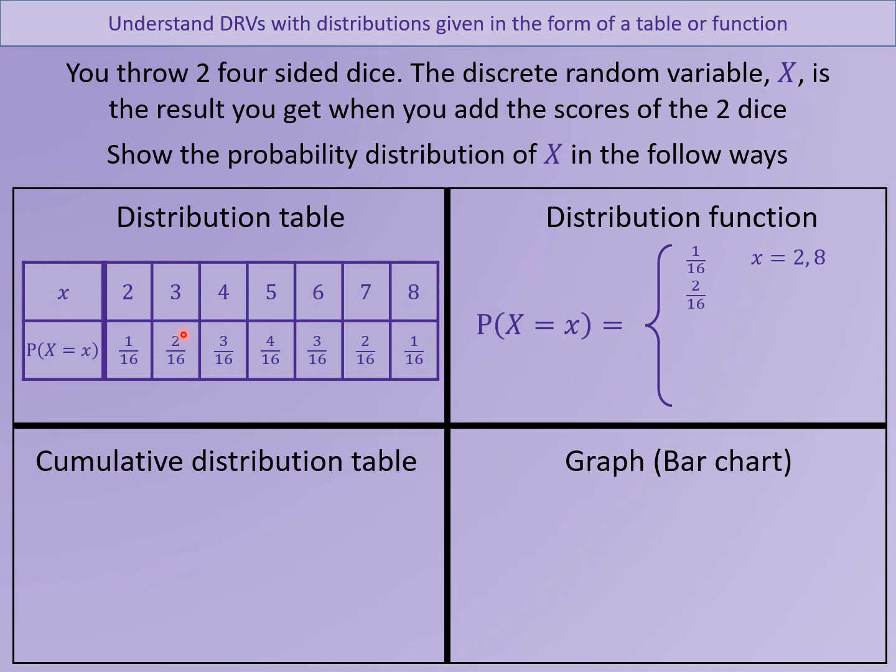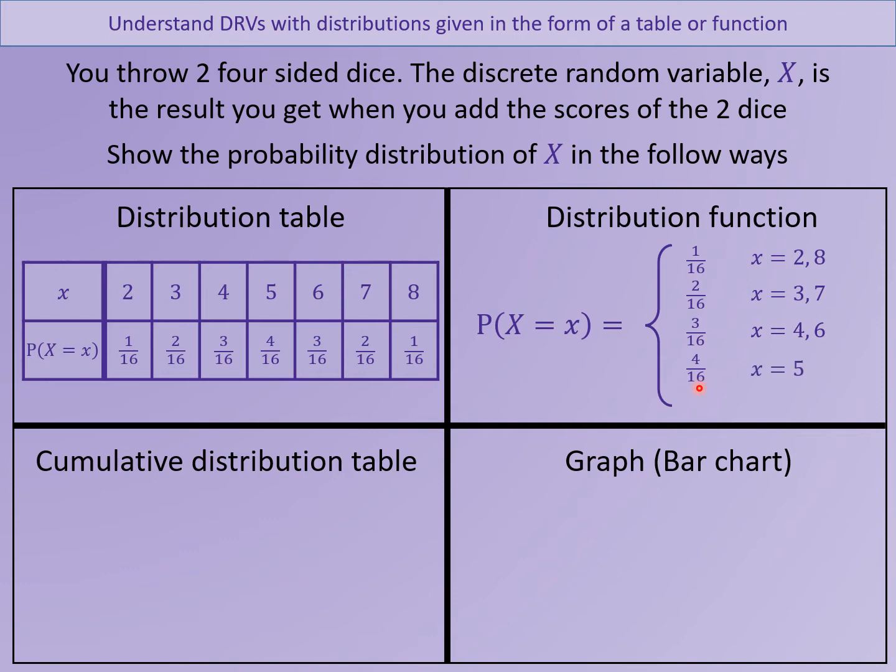We then take the next probability, which is 2 over 16, and we see the corresponding x values for that probability are 3 and 7. The next probability is 3 out of 16, and that is when x is either 4 or 6. The probability could be 4 over 16 in the case where x is 5.